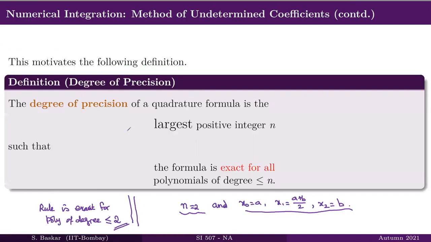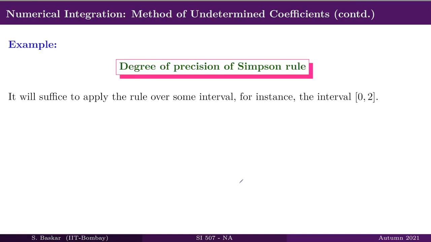It is just the direct checking of the definition, but instead of taking polynomials in their general form, we will only work with the generating elements of the polynomials. Also note that it is enough to apply the rule over some interval, because Simpson's rule is to approximate the integral a to b f of x dx.